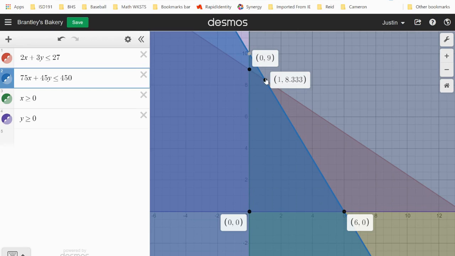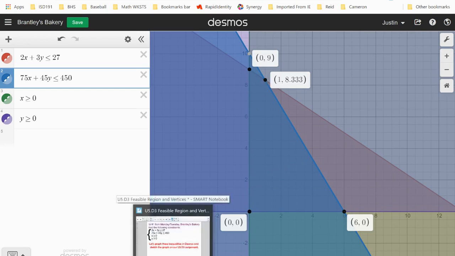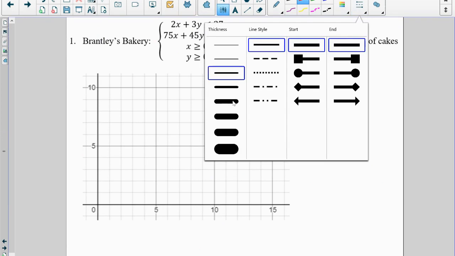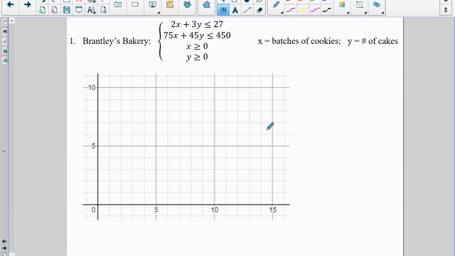All right, so I'm going to go back to our lesson, and we are going to sketch by plotting our points first. Okay, so when you're in Cami, change the size of your dot to maybe like a number 6 or a number 8.